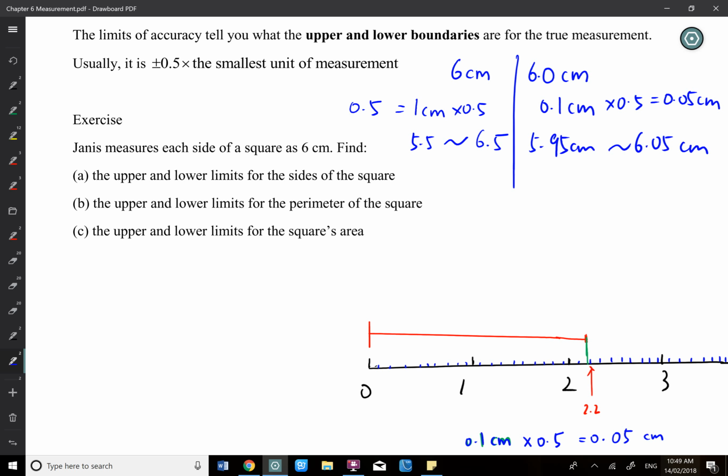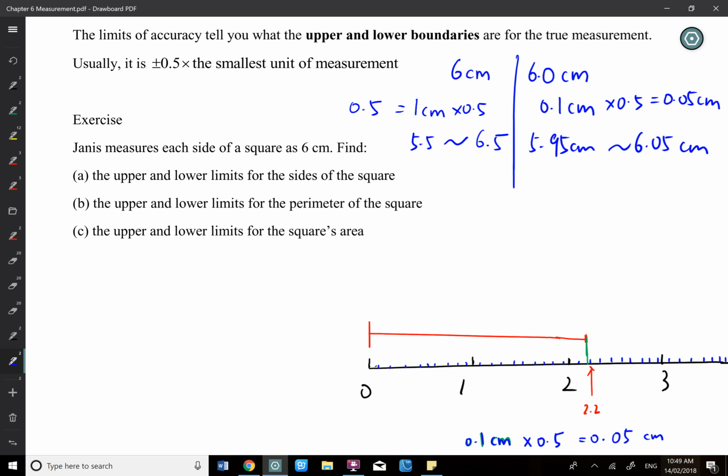From your answer, I can see what your smallest measurement unit actually is. From the 6.0, because you gave me 1 decimal place, you must have a measurement tool with 0.1 centimeters. So 0.1 centimeter will be my lowest measurement unit. So I'll use my lowest measurement unit times 0.5.